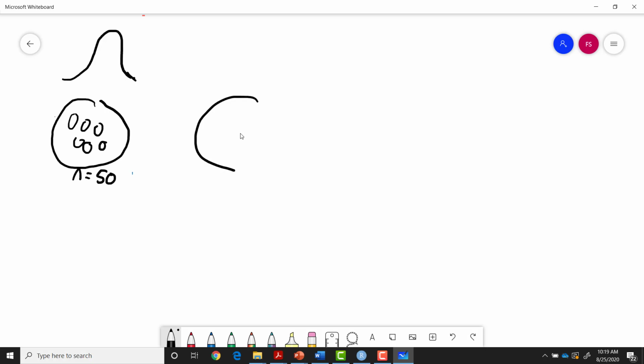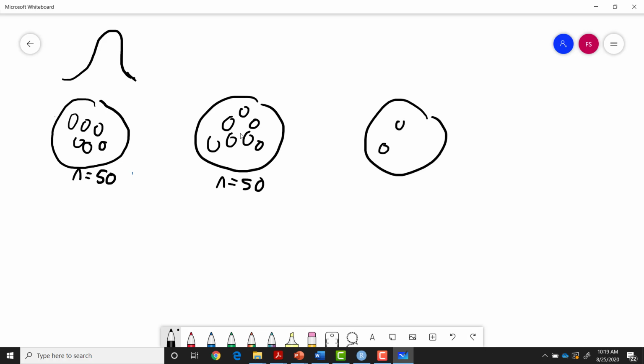I take another sample of another 50 consumers, and I take another sample of 50 consumers. And then for each of these I calculate the sample mean, the x bar.